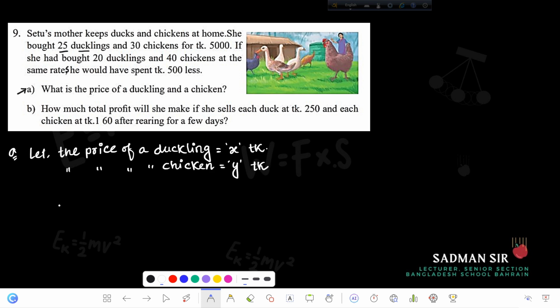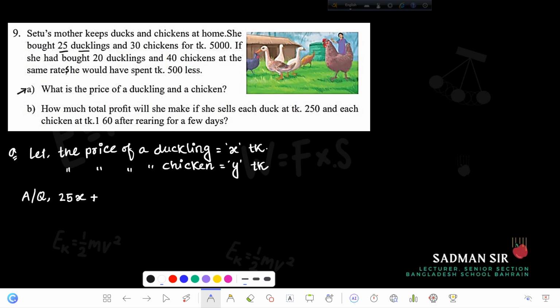So now, according to the question, what can we write? At first, she bought 25 ducklings. Now, according to the question, we have to develop some equations. If one duckling costs X taka, then 25 ducklings should cost 25X taka.